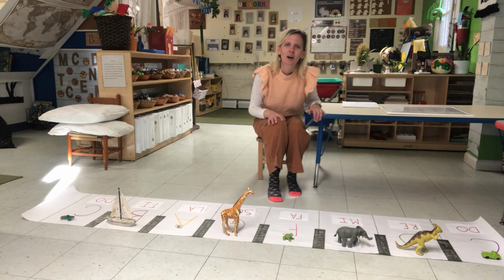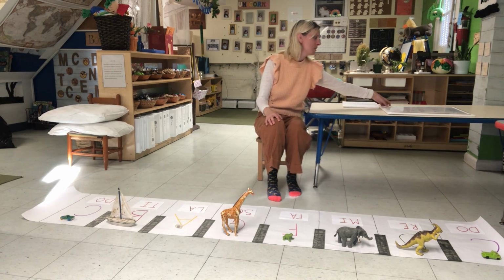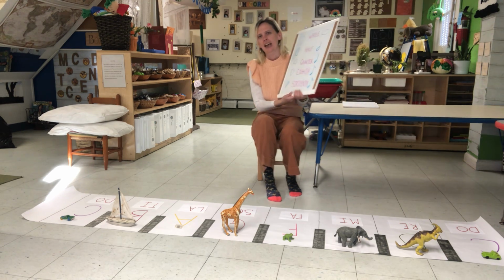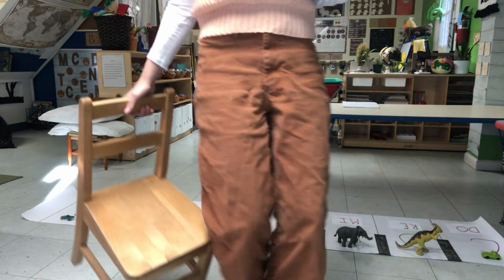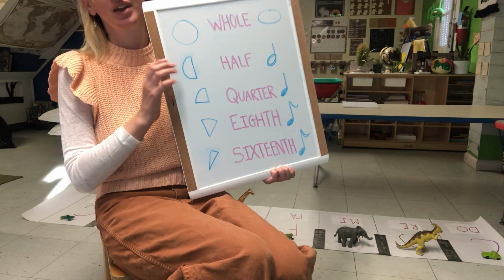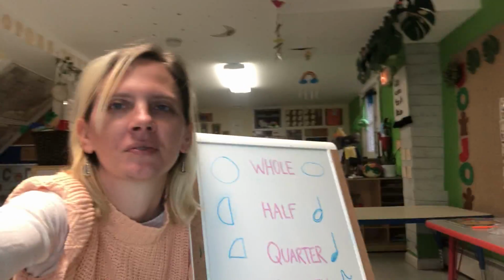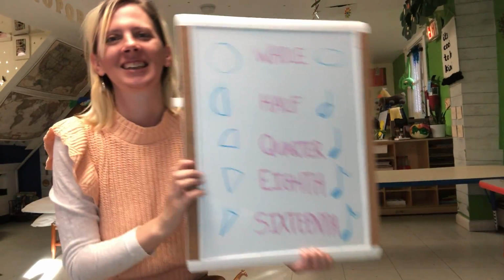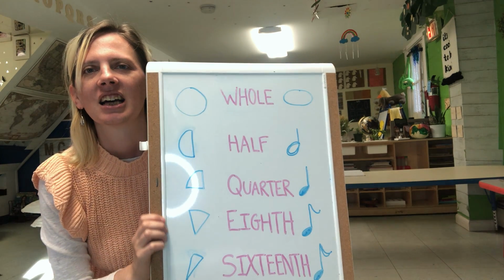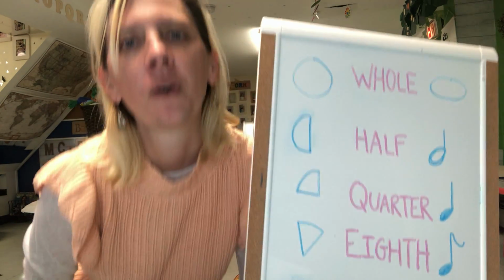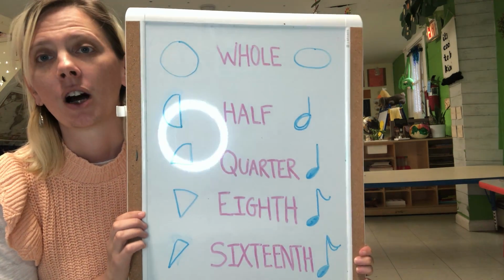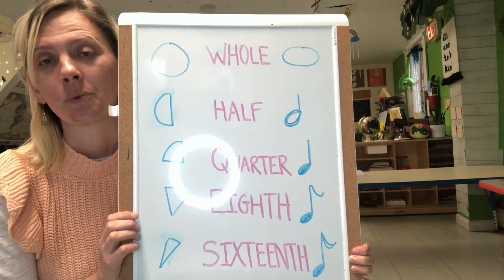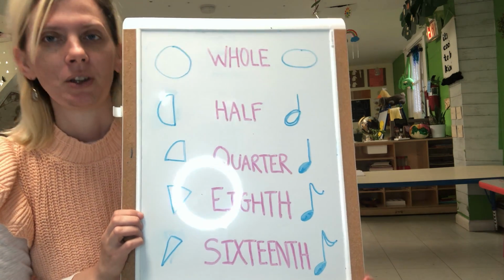Before we go, I did want to take a closer look, and I'll move closer so you can see. At different kinds of musical notes for all musical instruments and how a musician would read music.